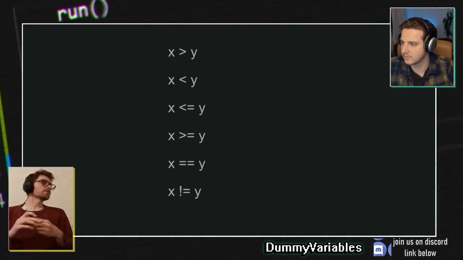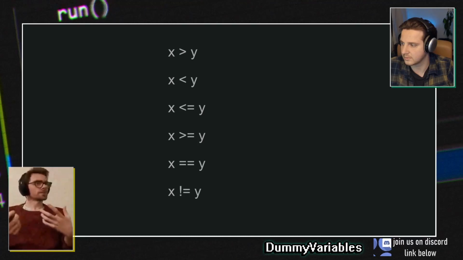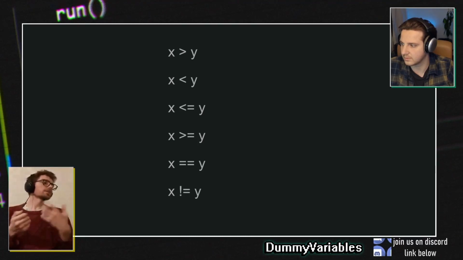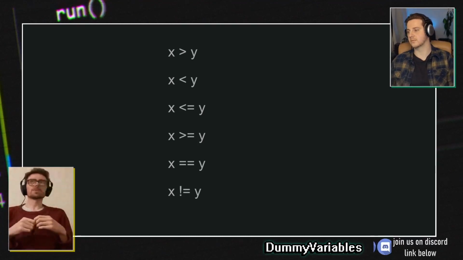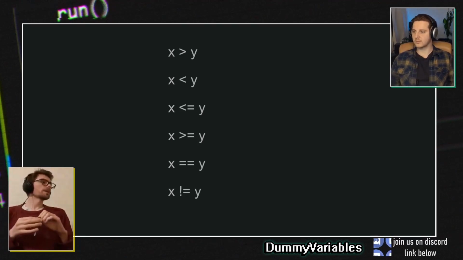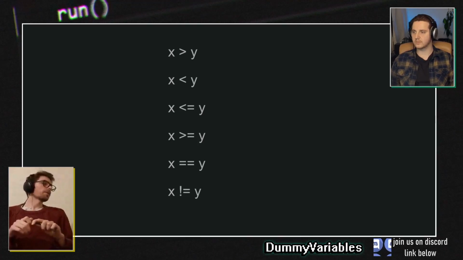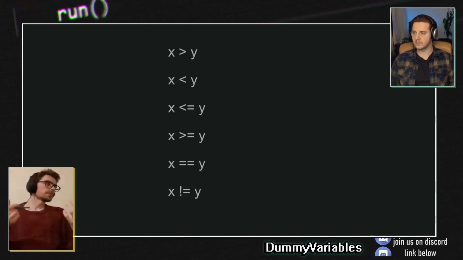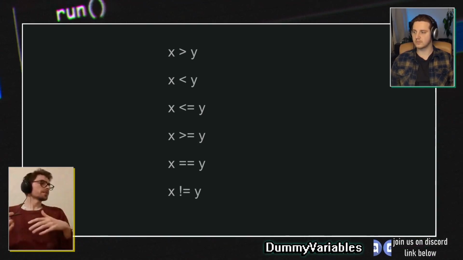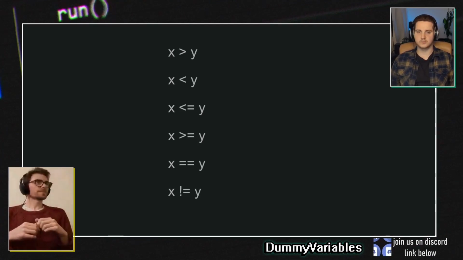This is just the way it's denoted in Python. And then lastly, we have x equals to y. This is nothing like in math, so this doesn't mean that x is equal to y. This checks whether x is equal to y. And the last one is the opposite of that, so this checks whether something is not equal to something else.